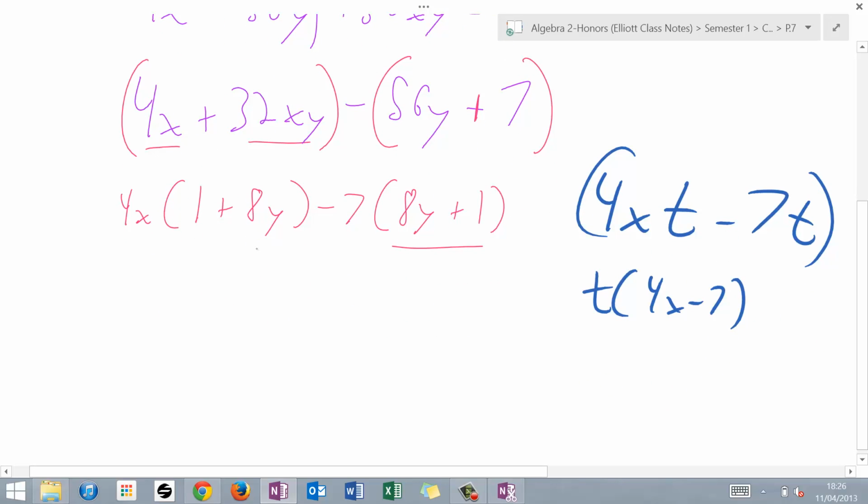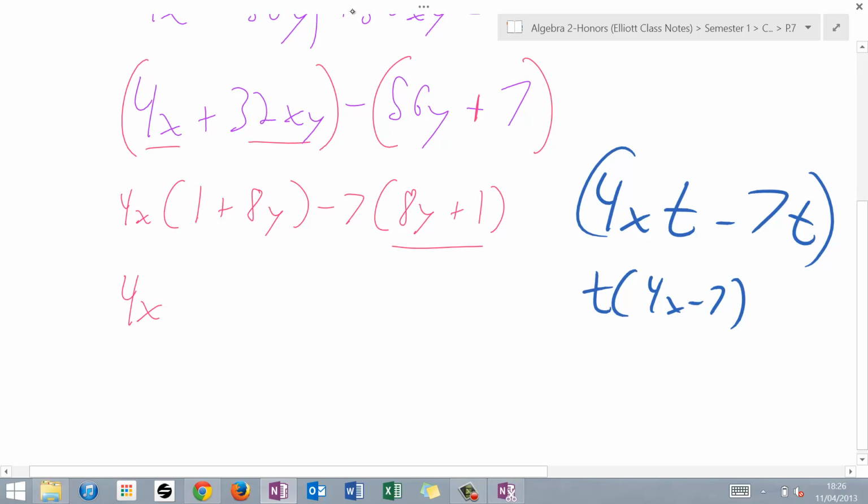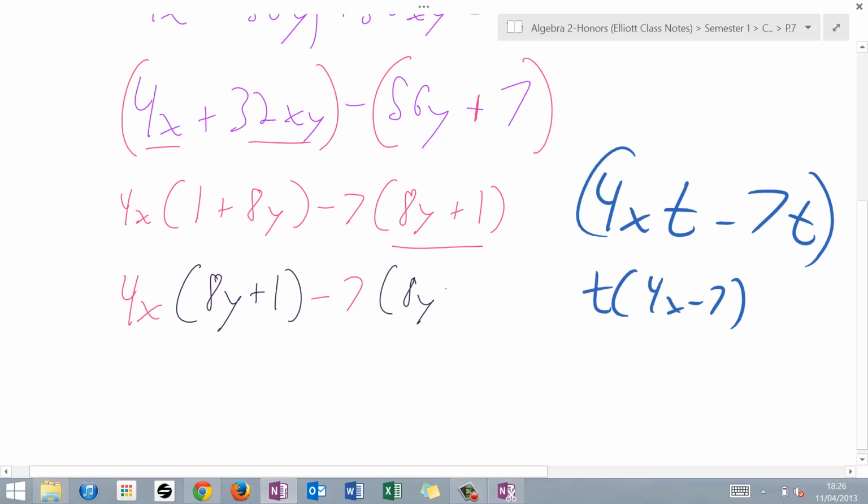So let's rewrite this one more time just to keep it straight. Let's rewrite this as 8y plus 1, and then I'm going to go minus 7. Let's just keep the colors the same as I did here. 8y plus 1.